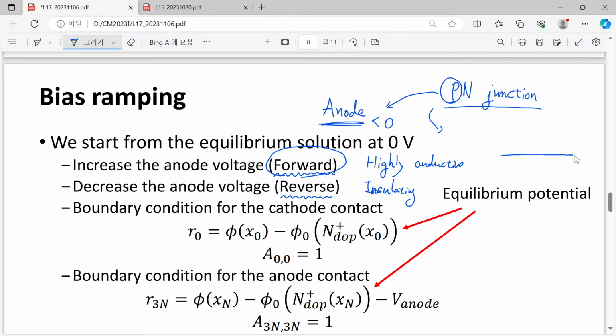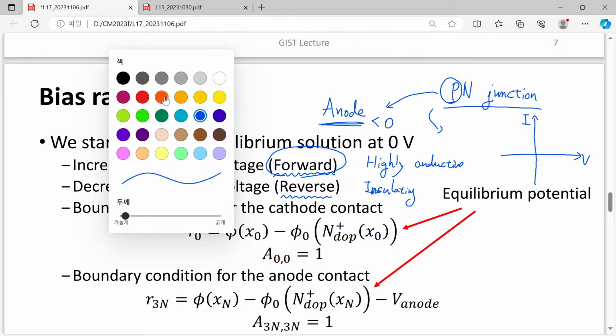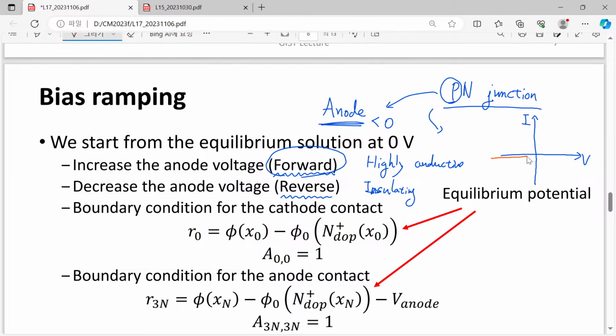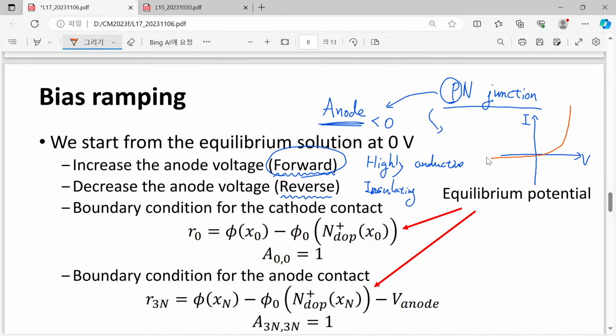So simply speaking, when we draw the IV, current versus voltage characteristics of our PN junction, then we have this kind of graph, this is the typical graph we draw in microelectronics course, although we draw it schematically in this way.